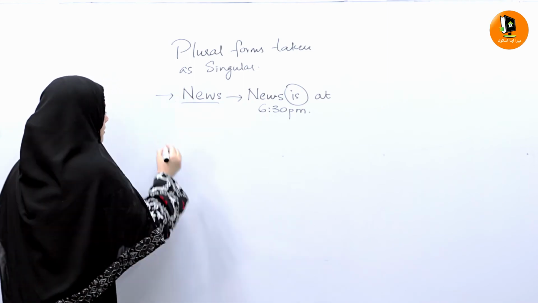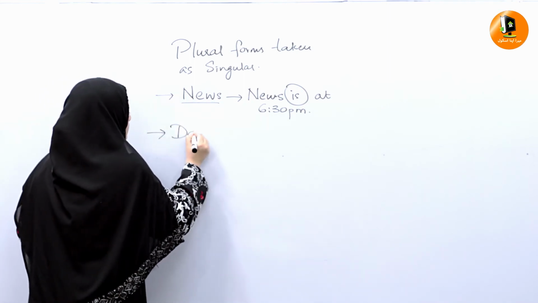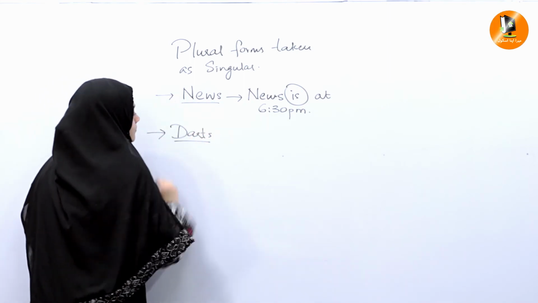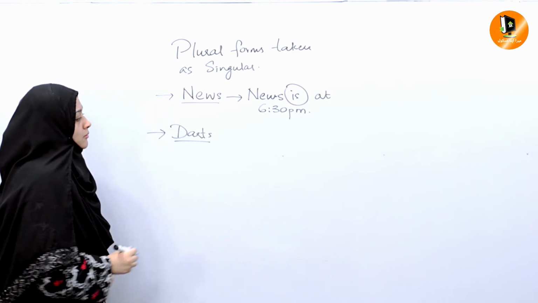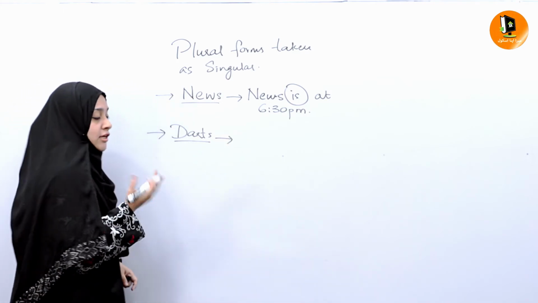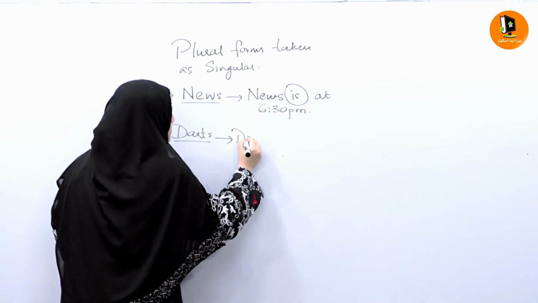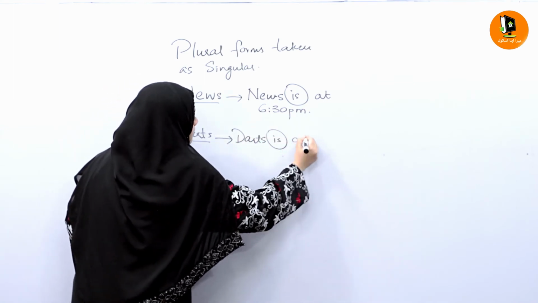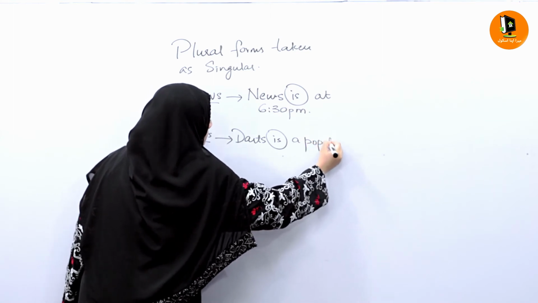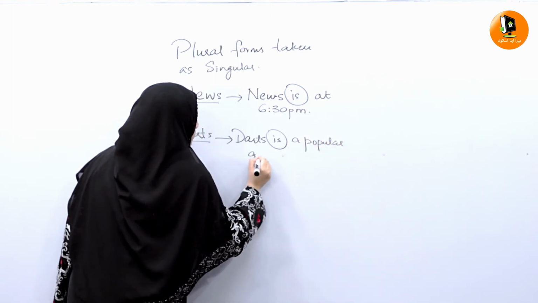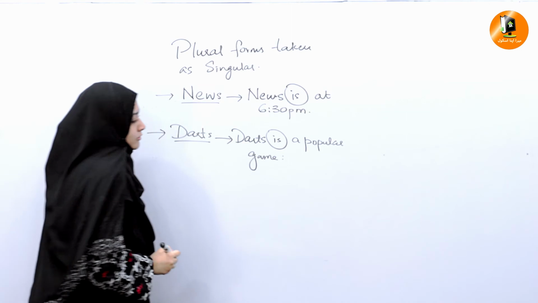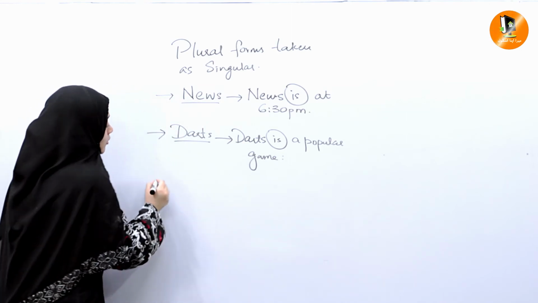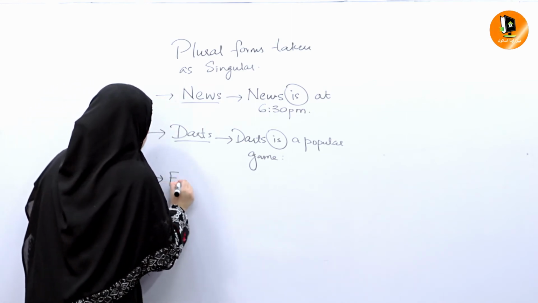Let's see another example. Darts. It's a game. It's plural, but it is taken as singular. Darts is a popular game. Let's take another example of a subject called economics.